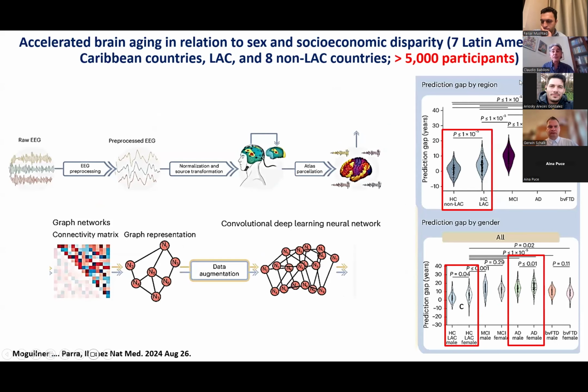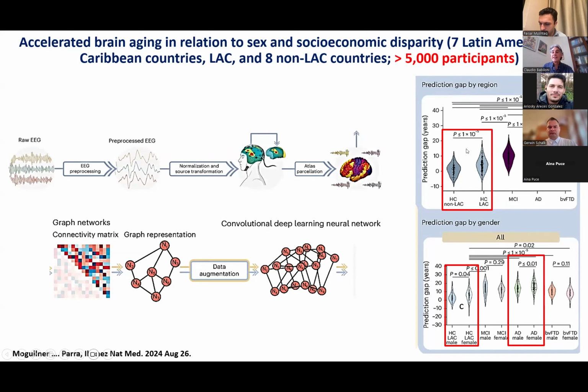And in another study of the consortium, they were able to collect data from more Latin American and Caribbean countries and more non-Latin American and Caribbean countries for more than 5,000 participants, mapping all our planet. And they used complex and advanced procedures to analyze all these data. And you see also not only power density, but also functional connectivity measures and graph measures.